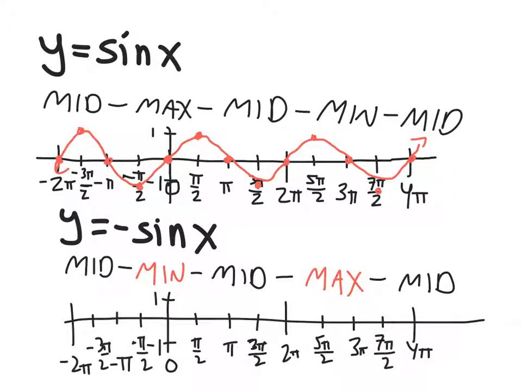If I do y equals negative sine of x, it's still going to be cyclical and periodic, but since it's a reflection of y equals sine of x, the pattern's going to go from the midline, and then instead of going to the maximum first, it's going to go to the minimum at pi over 2, then back to the midline, then up to the maximum, and then back to the midline.